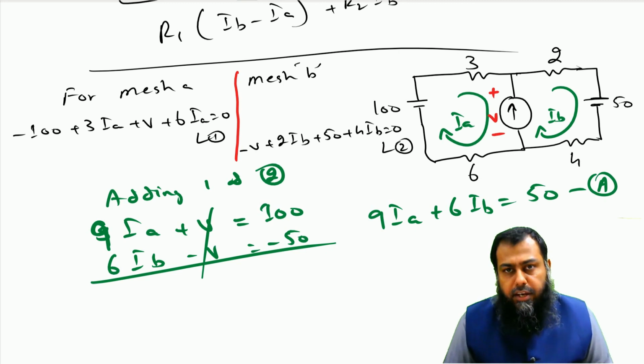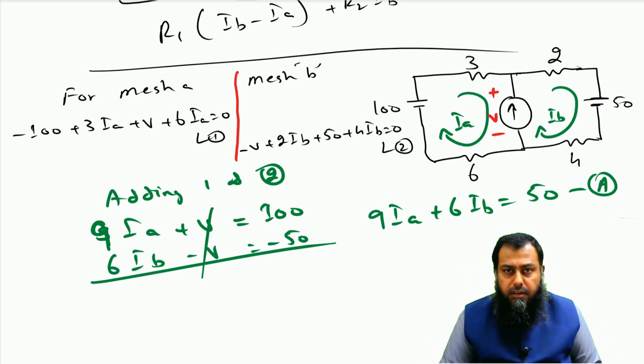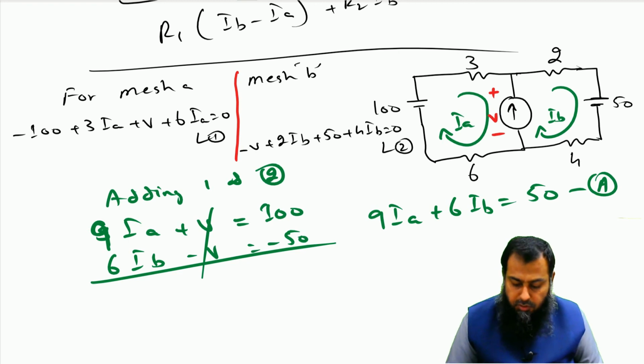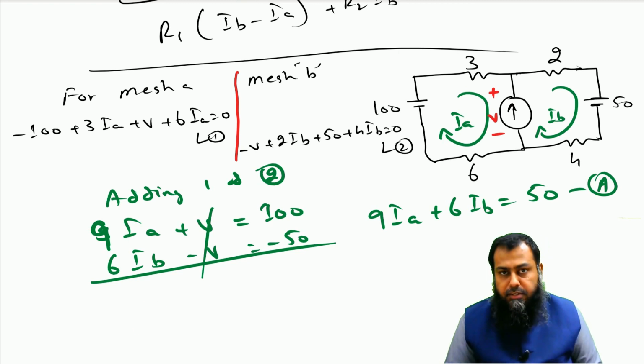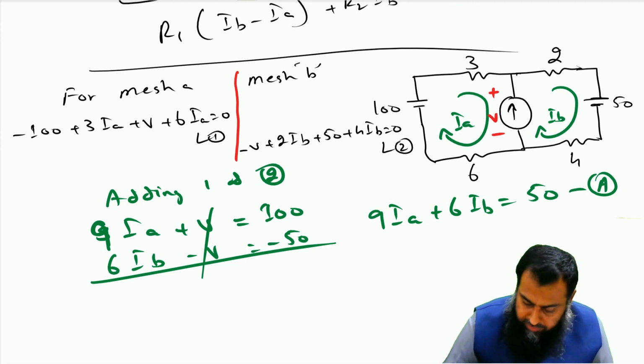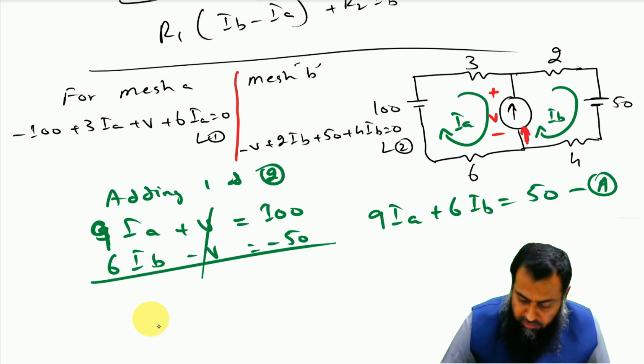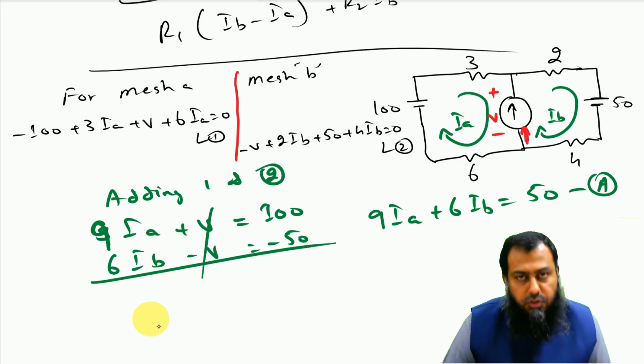We need another piece of information to solve equation A. By observing this circuit, we come to know that the current source shared between mesh A and mesh B is actually the difference between mesh current A and mesh current B. Because the direction is upwards, IB is entering in the same direction as the source.